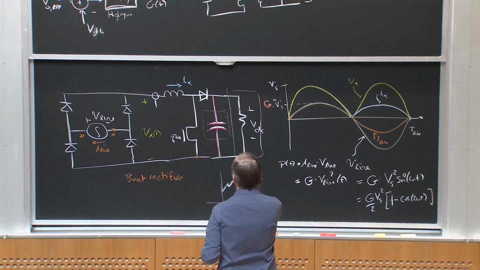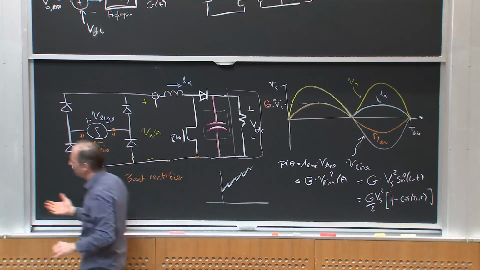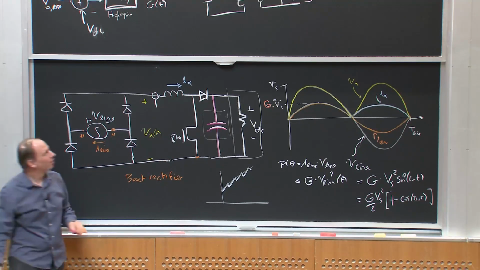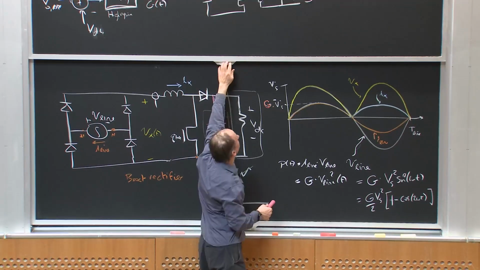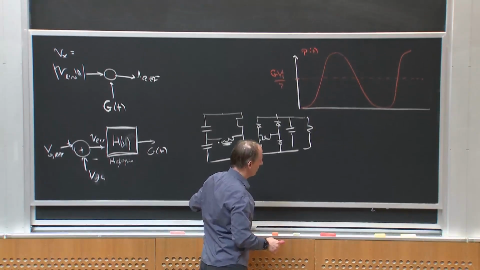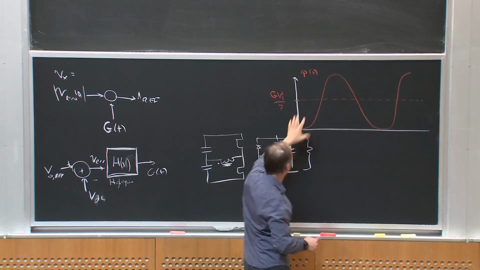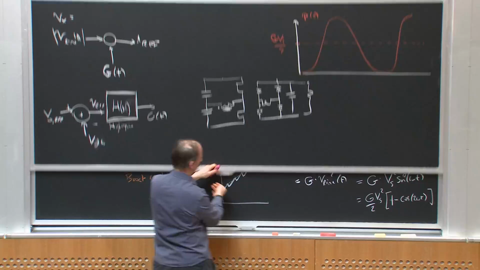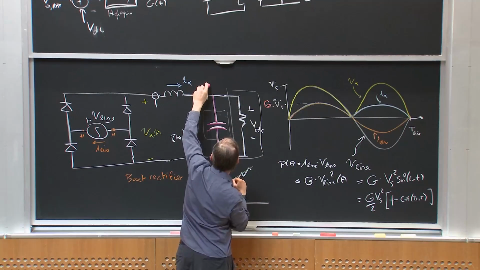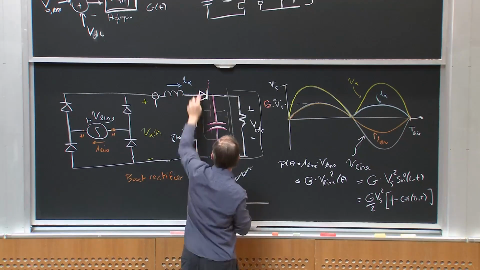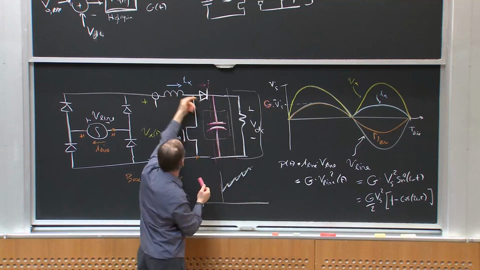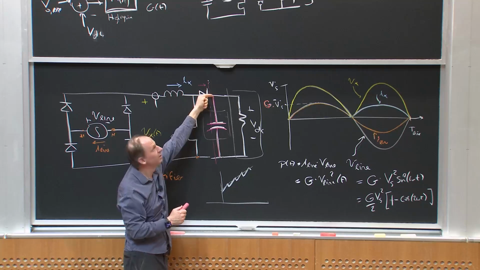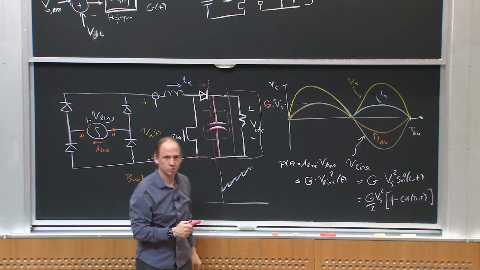So if we thought of, let's see, where's my original drawing? If we thought of this box over here as being an AC to DC rectifier, I just plotted for you what the power versus time is, that's the power versus time that's crossing this node, right? This is P of T, basically what's coming out of this device into this network. And what you can see is it's actually pulsating at twice the line frequency.